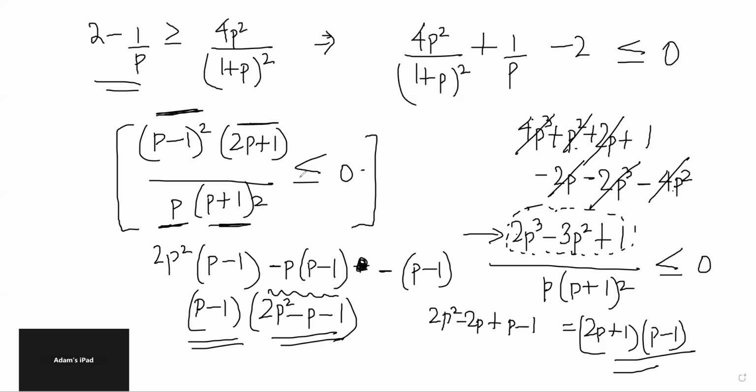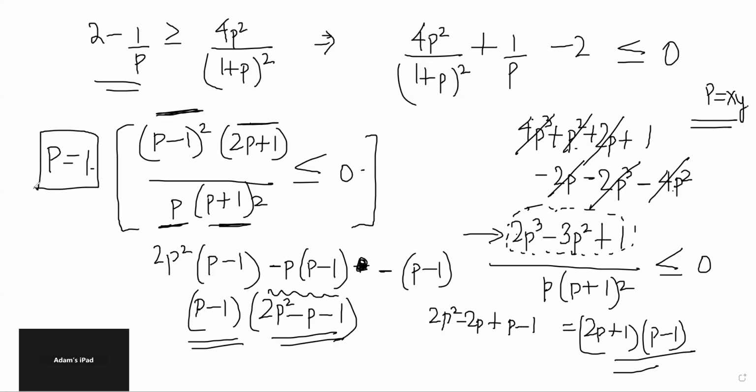The only possibility is for it to be equal to 0, right? Can't be less than 0 because p is positive. P was technically xy, and x and y were positive real numbers as mentioned in the question. So the only possibility is that it's equal to 0, which means p should be 1.